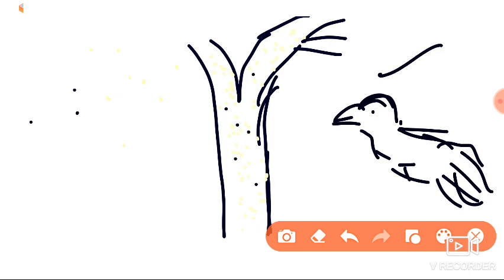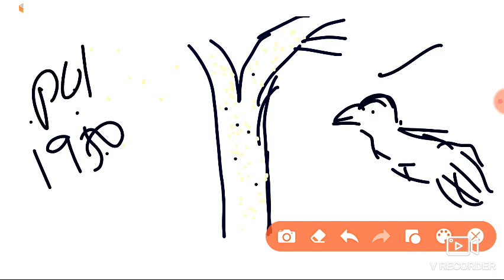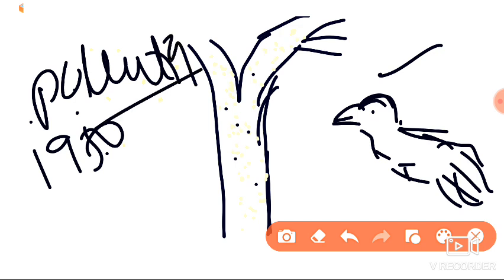And after industrialization, around 1950, huge amounts of industries are there, so there is more pollution.